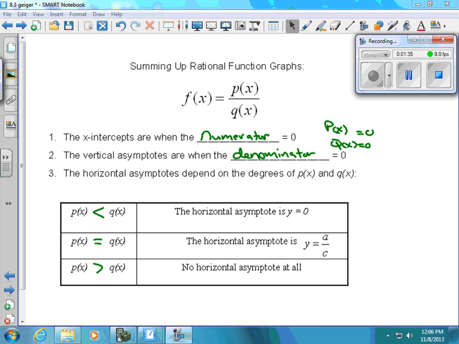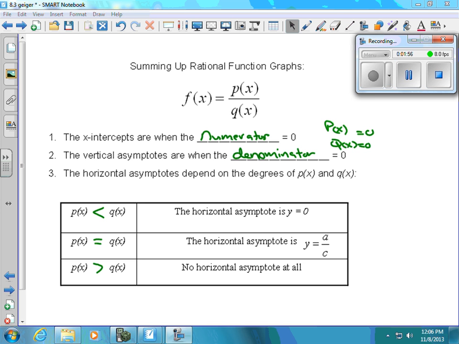Summing up rational function graphs, this chart might help narrow things down for you and give you a quick reference guide as we go through to graph and describe these functions. If you have a rational function, p of x divided by q of x, where p of x and q of x are polynomials, and q of x is not a constant function.